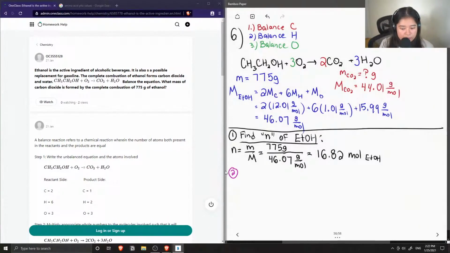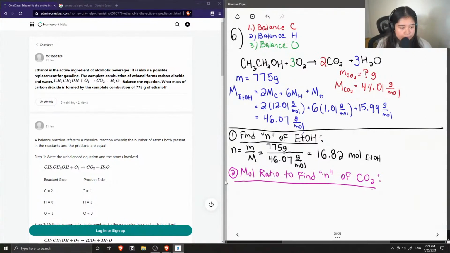Okay, step 2 is to use the mole ratio to find the number of moles of carbon dioxide. We know that we have 16.82 moles of ethanol. By looking at our balanced equation, we can find the mole ratio we need to find the number of moles of CO2.